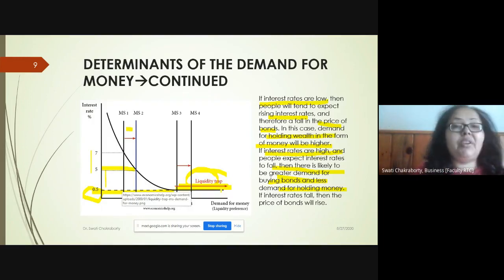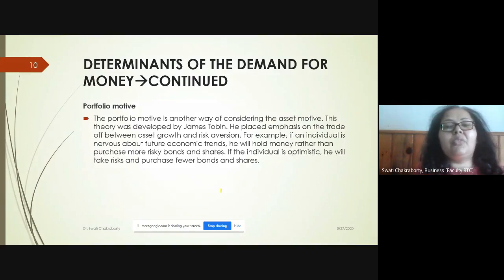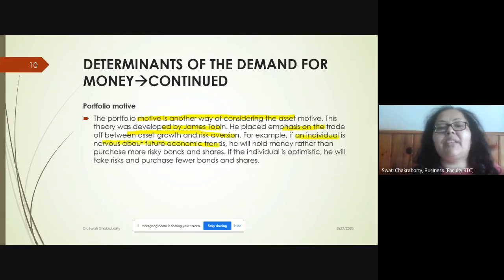Now, the portfolio motive is another way of considering the asset motive. This theory was basically developed by James Tobin, who placed emphasis on the trade-off between asset growth and risk aversion. If an individual is nervous about future economic trends, he will hold money rather than purchase any risky bonds and shares.